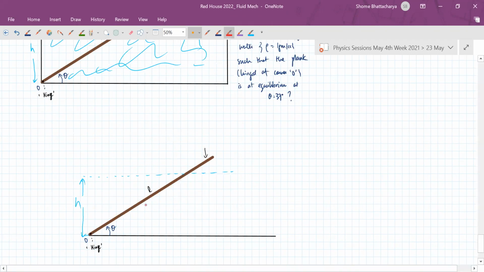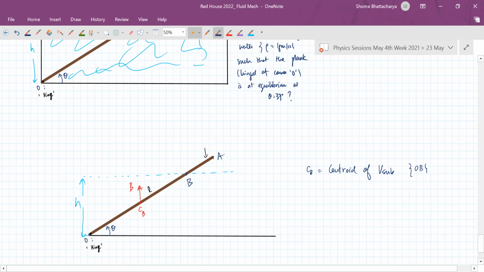Then the buoyant force will be acting through a point like this. So the center of buoyancy, if this point is, let's say, B, and this point is A, will be the centroid of the submerged volume. So the submerged volume is the portion OB.